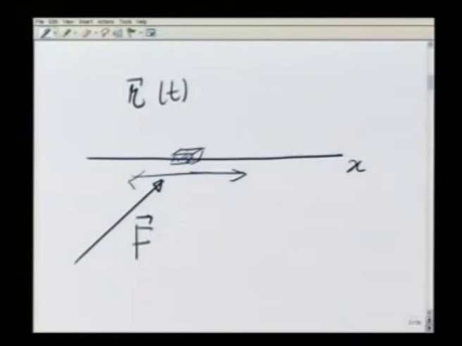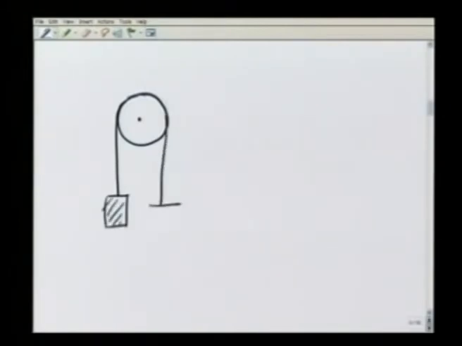As another example, which is quite well known and also known as Atwood's machine, there are two masses moving on a pulley when they are tied by a string. In this case, the masses are no longer free to move. That means if I have this mass m1 and the other mass m2, m1's motion is not determined by this equation alone.